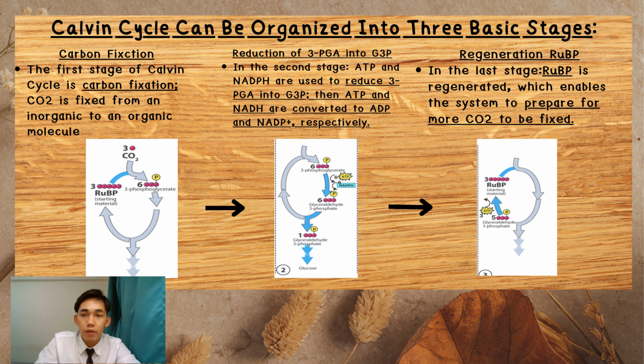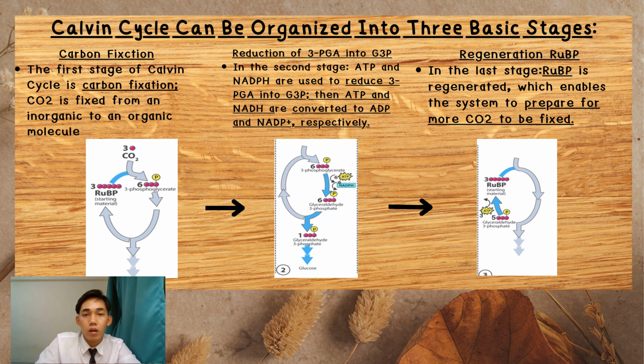Now on this slide, I would like to tell you that the Calvin cycle can be organized into three basic steps. The first one is carbon fixation. It will fix CO2 from inorganic to organic molecules. Next is the reduction of 3-PGA into G3P.